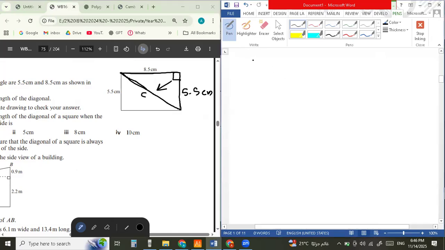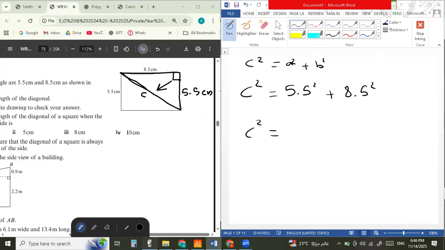So C squared equals A squared plus B squared. C squared, we don't know it, equals 5.5 squared plus 8.5 squared. So C squared equals, find 5.5 squared and 8.5 squared.